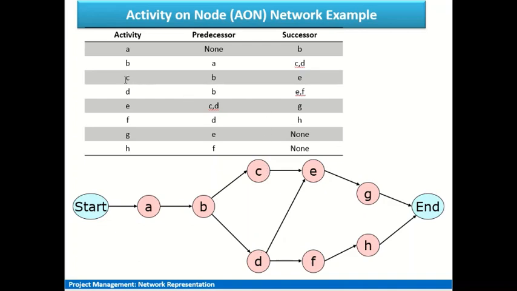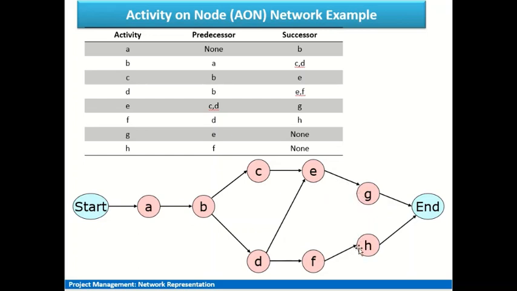After C we have the E activity, because the successor of C is E. Then we take up the activity D, for which the successors are E and F. When both these activities have been represented in a node, the next activities we take up are E and F. E has G as its successor and F has H as its successor.